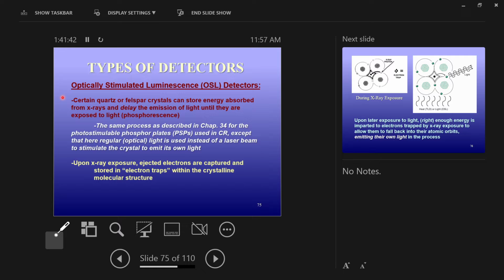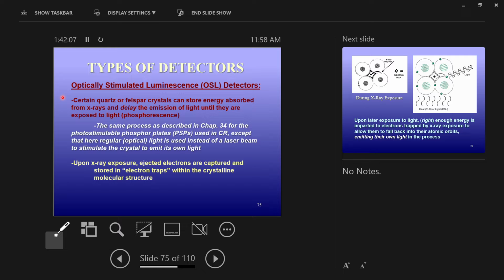Okay? So crystals are going to work great for doing this, because crystals have this special atom structure where they can trap electrons. Quartz or feldspar crystals, remember those materials, can store energy absorbed from X-rays and delay the emission of light until they are exposed to light.